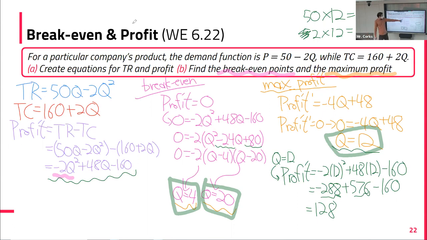Okay, so from just a very simple thing, just a small demand function and a small total cost function, there's actually a whole lot of stuff we can do here and figure out total revenue and profit and break even. And we could also find a maximum total revenue, or we did actually in the earlier examples, maximum profit, all kinds of stuff we can do from just a pretty simple starting point here.